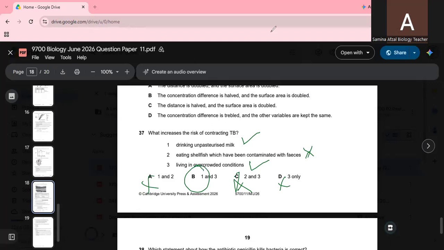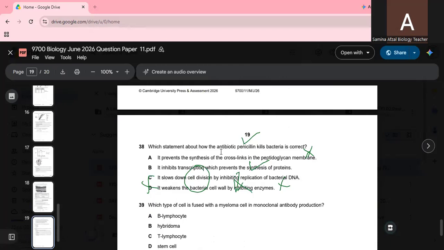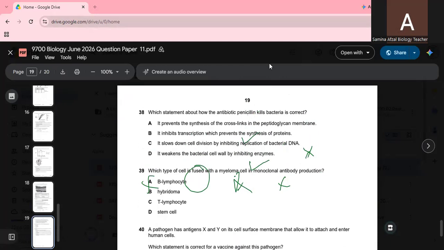So moving towards the next question, number 38. Which statement about how the antibiotic penicillin kills bacteria is correct?